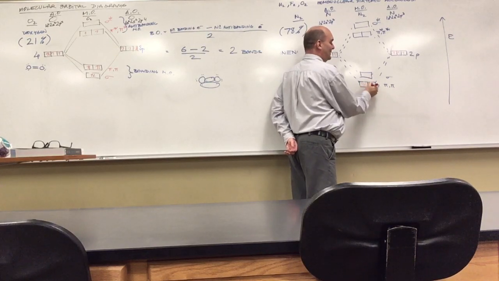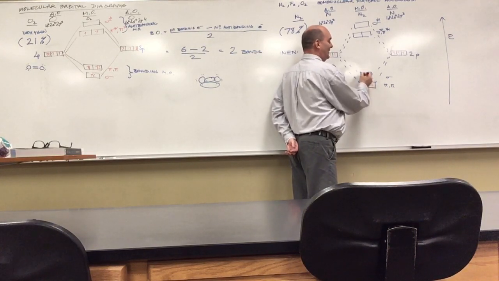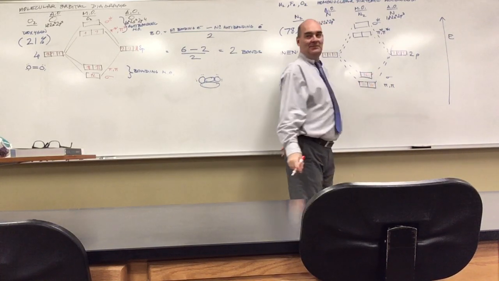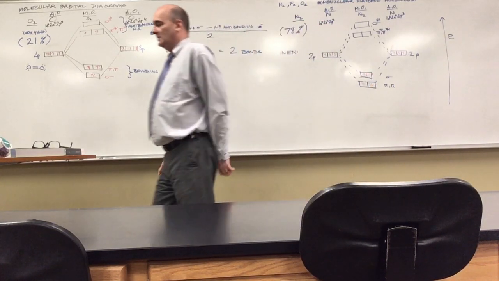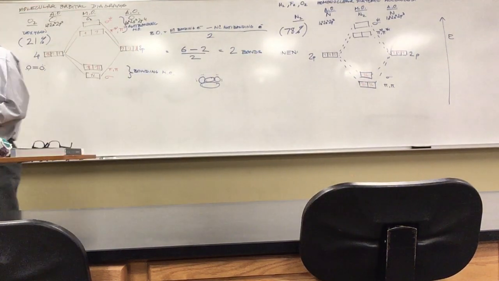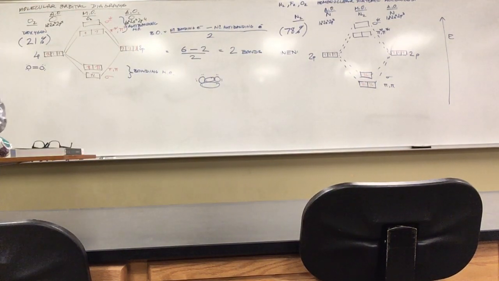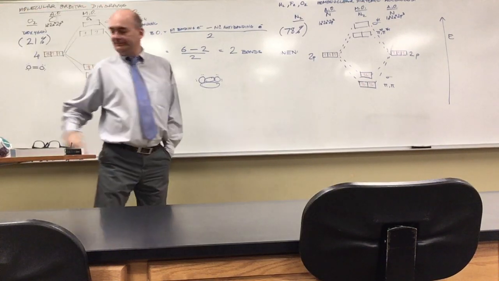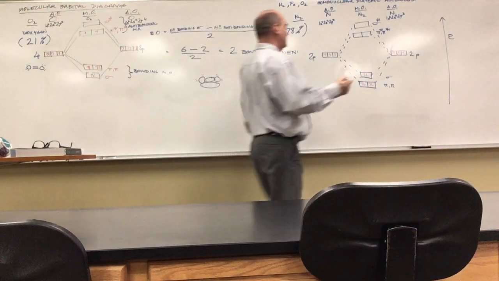And then I do this one. And then I do that one. And then I do this one. And then I do that one. Because Hund's rule kicks in. Don't put 2 electrons in the same orbital if you've got an empty orbital somewhere else to put it in. Okay. What's our bond order here?